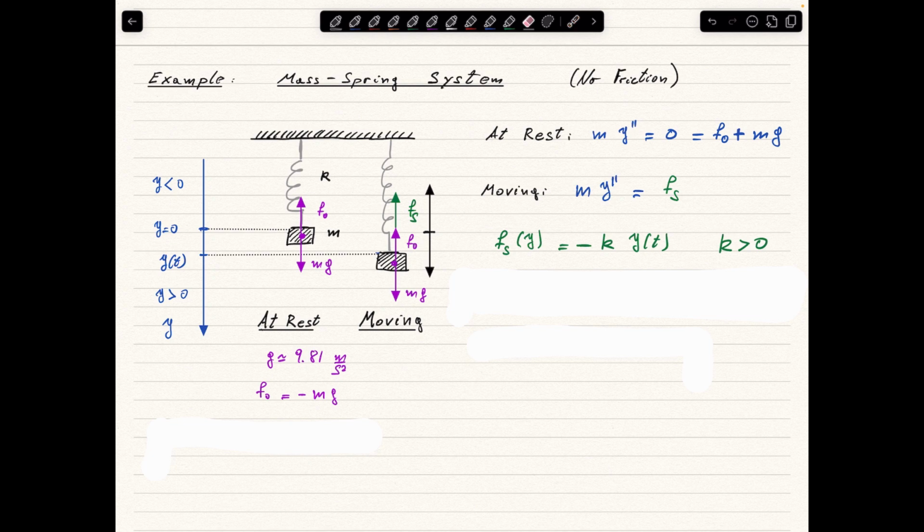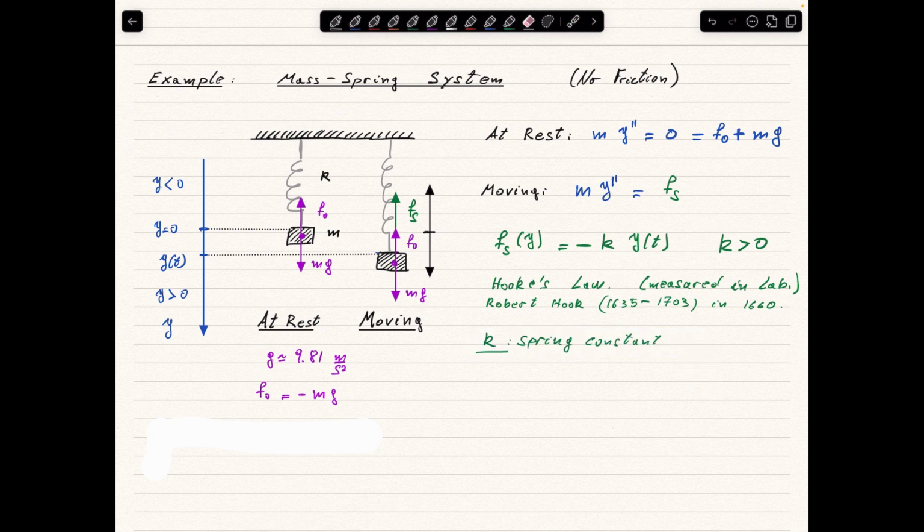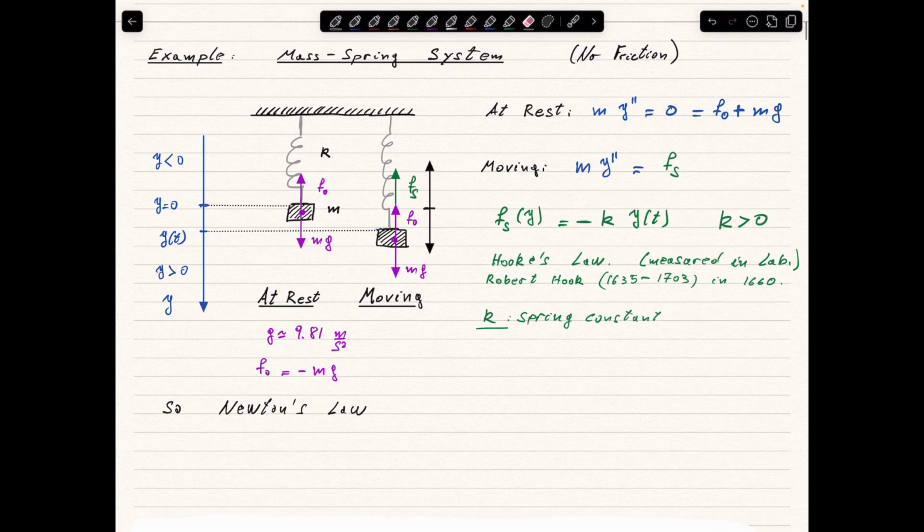This is called Hooke's law. It was measured in the lab by Robert Hooke around 1660, and K is called the spring constant that we wrote over there. So with all that, we can have Newton's law for this system, and it's going to be mass times acceleration equals negative ky.